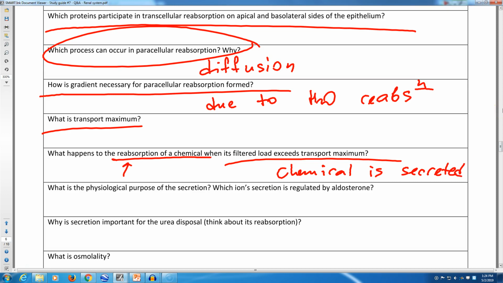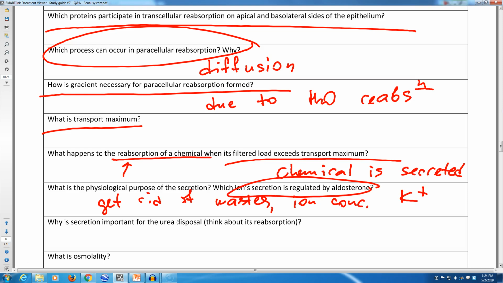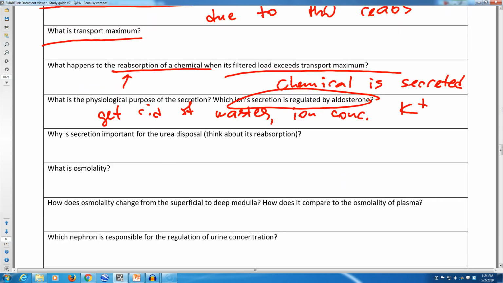Physiological purpose of secretion: get rid of wastes and regulate ion concentration. Aldosterone secretes potassium. Urea gets passively reabsorbed because of the water retention. So urea has to be secreted.